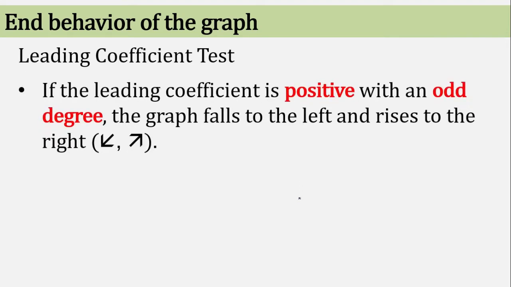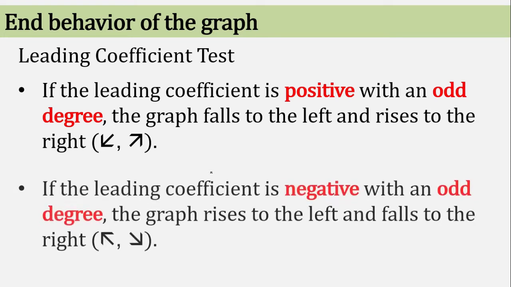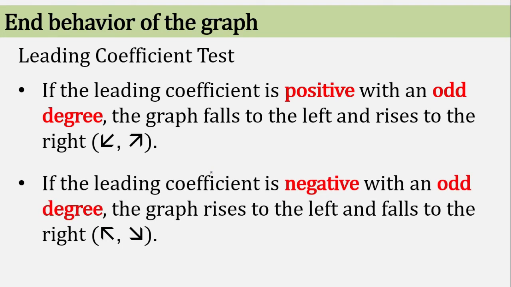Now, on the other hand, if the leading coefficient is positive with odd degree, the graph falls to the left and rises to the right in this manner. On the contrary, if the leading coefficient is negative with an odd degree, the graph rises to the left and falls to the right.